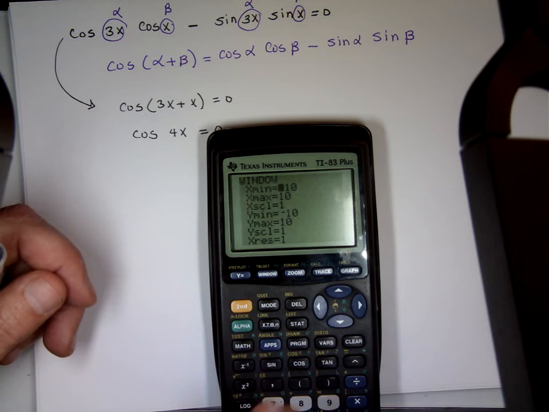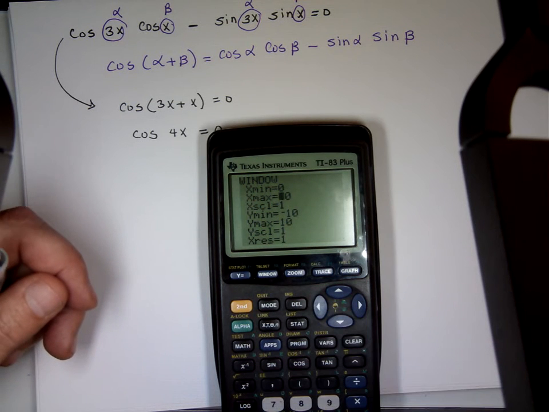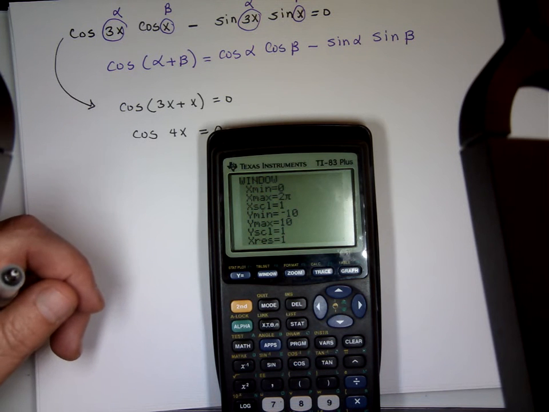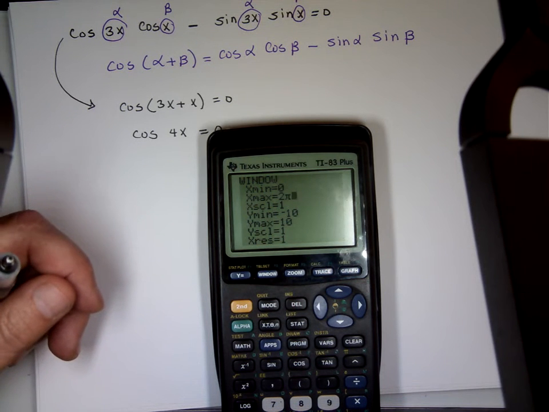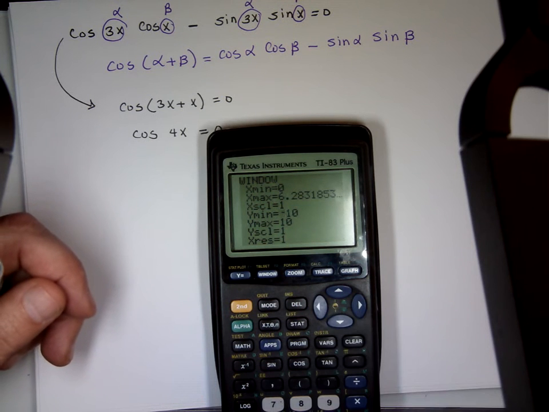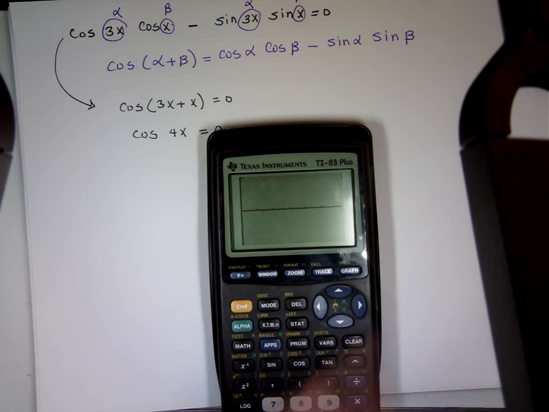I want to do from 0 to 2 pi. How high is the cosine going to go? Isn't it to 1? Let me make the y value -1 to 1. I just want to see one cosine wave. That's all I want to see. That's what cosine x is.